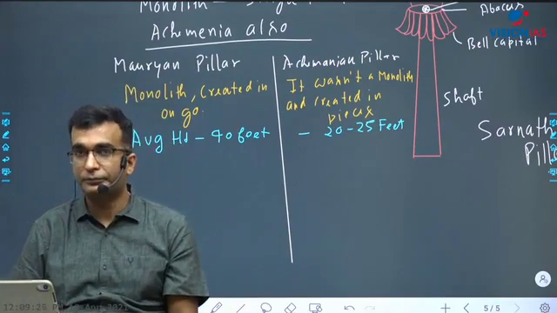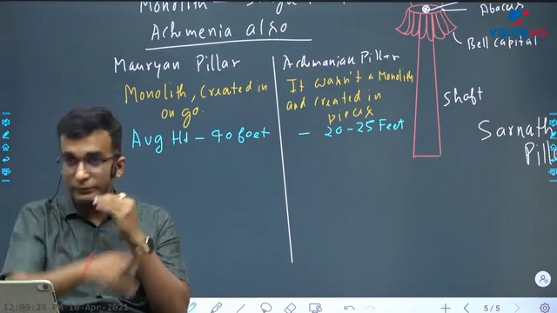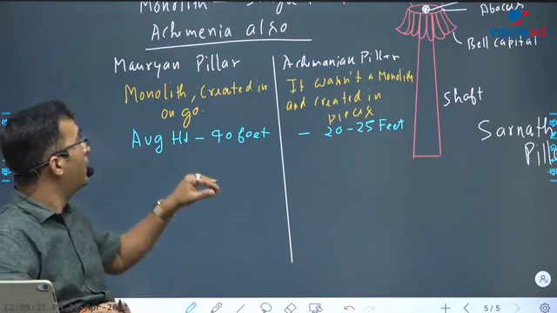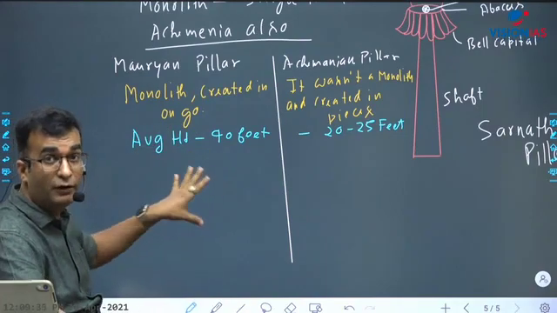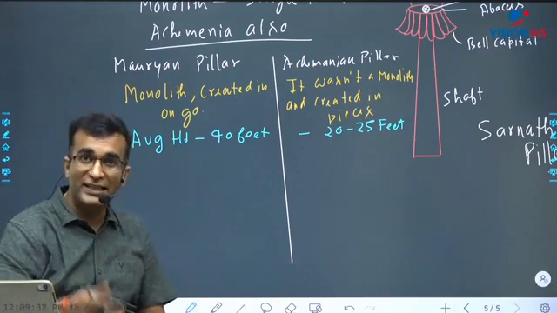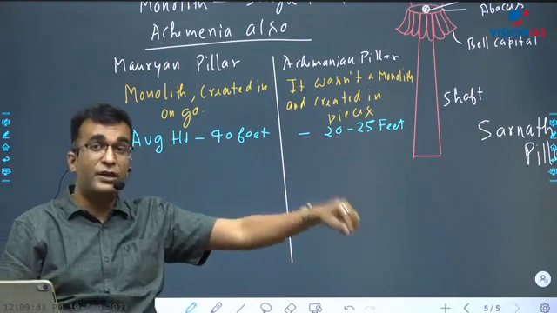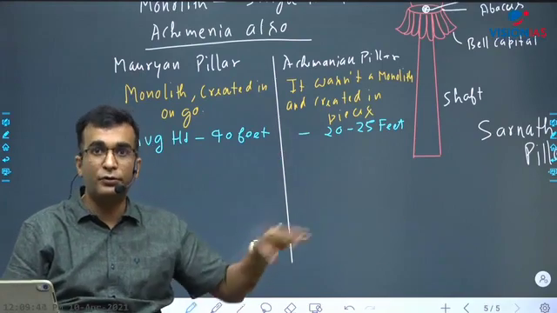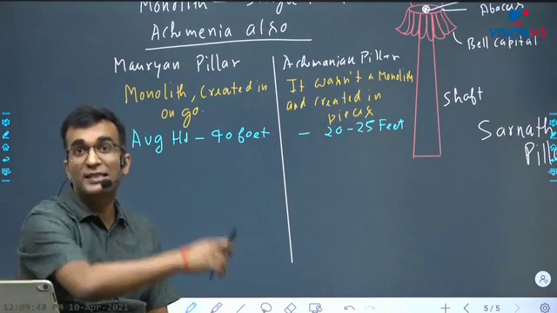Now, the next comparison is that the Mauryan pillars were always erected in the open. Open ground में इसको लगाया जाता था. So they were always erected in the open ground, open space. But the Achaemenian pillars were used inside the buildings.